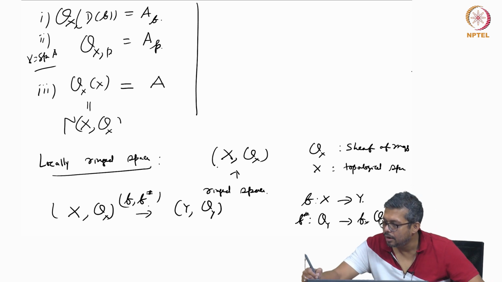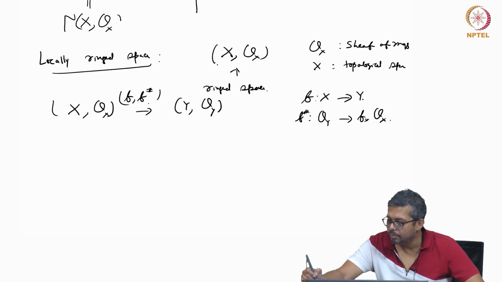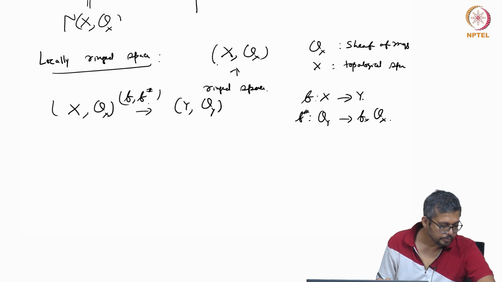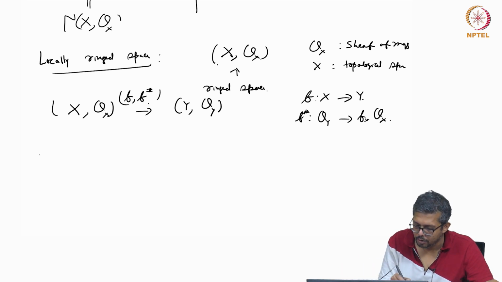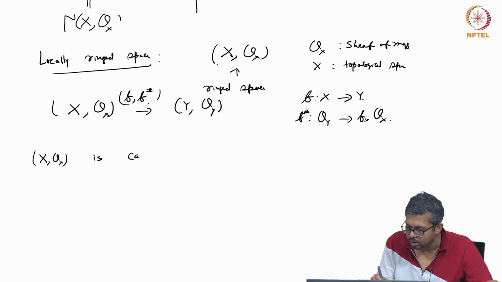Now this is a ringed space, (X, OX). Now you call (X, OX) a locally ringed space.